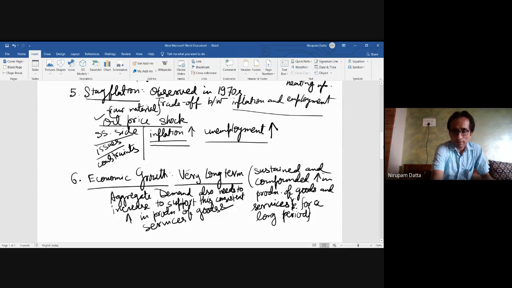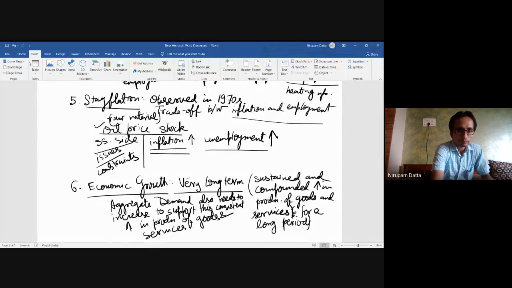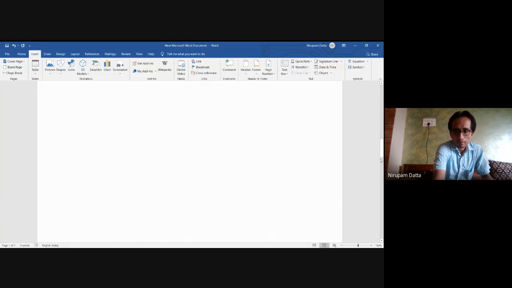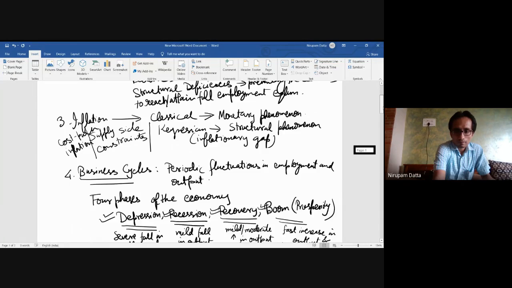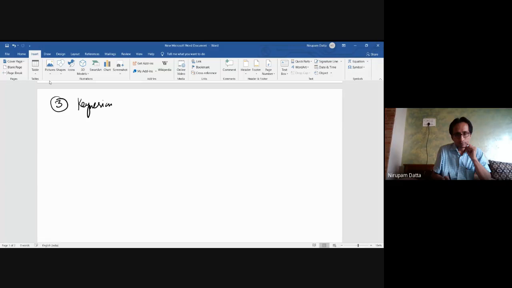Now, where do the Keynesian and the classical theorists come into the picture? As far as Keynes is concerned, he always had a short-term view.